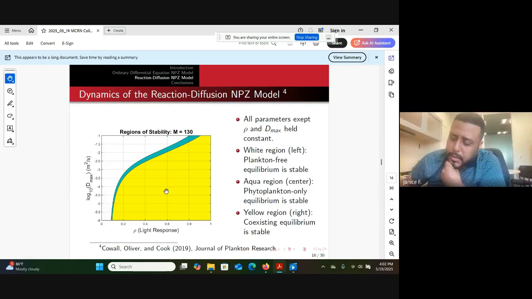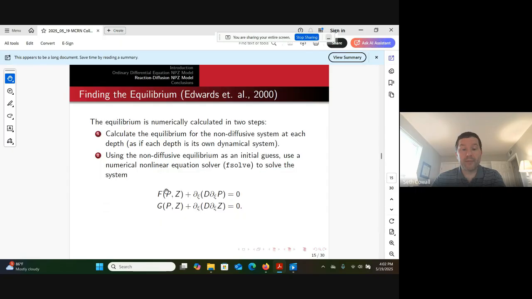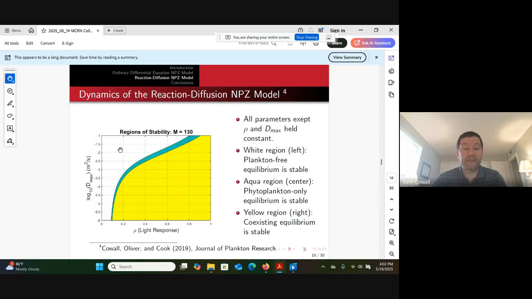I see. So basically I go through and do these computations for all three of those states, and then this diagram just takes that largest eigenvalue, and it's either positive or negative, and it draws out the boundaries.